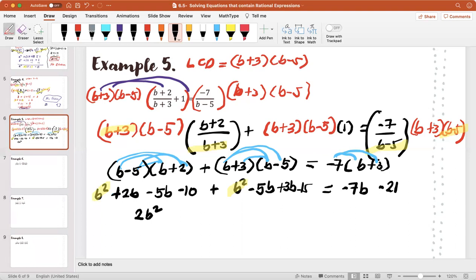Next, we have your 2b minus 5b minus 5b plus 3b. So let me just write that here. 2 minus 5 minus 5 plus 3. What's 2 minus 5? That's negative 3, minus 5, negative 8, plus 3. You have negative 5.